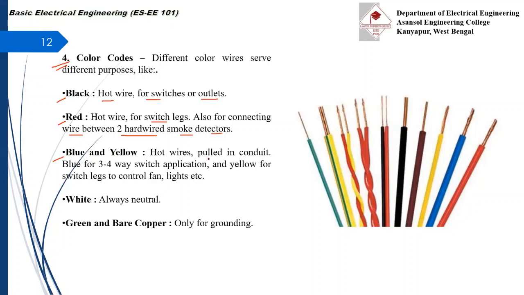Hot wires pulled in conduit. Blue for 3 or 4-way switch application and yellow for switch legs to control the fan and light. Next is white. Always it is used for neutral purpose, and green and bare copper is used for grounding purpose. Okay.